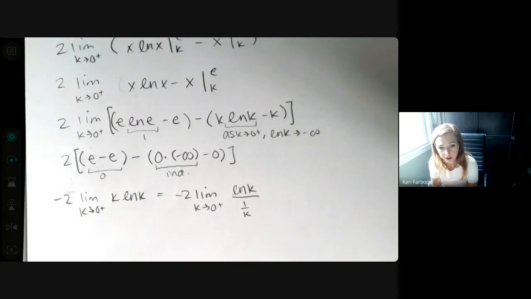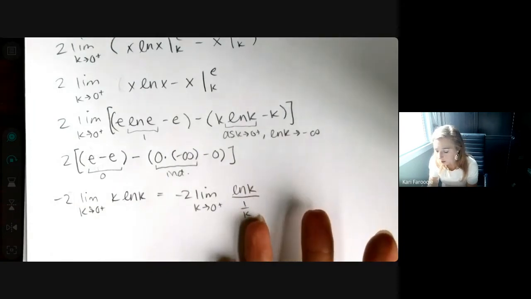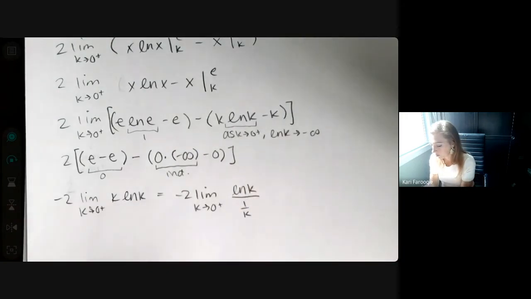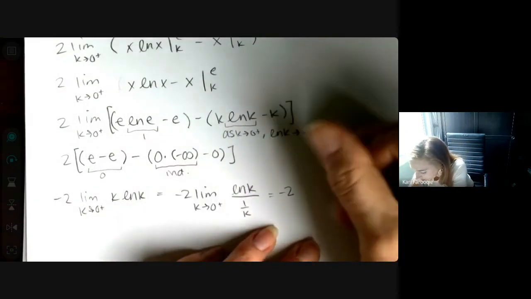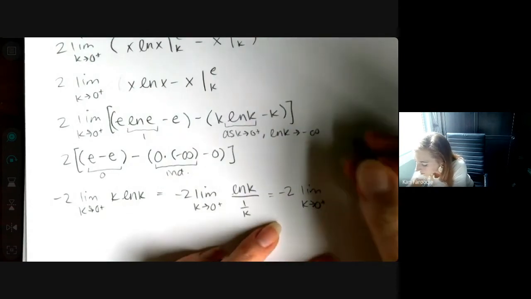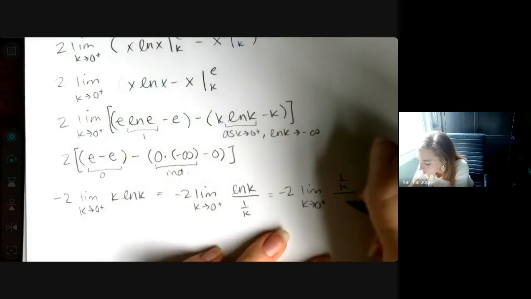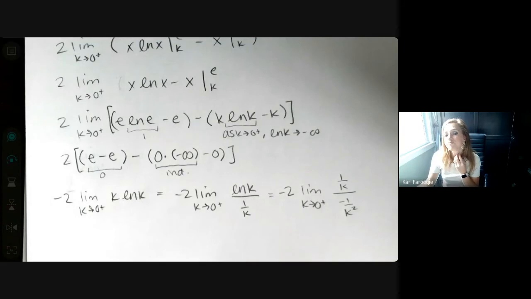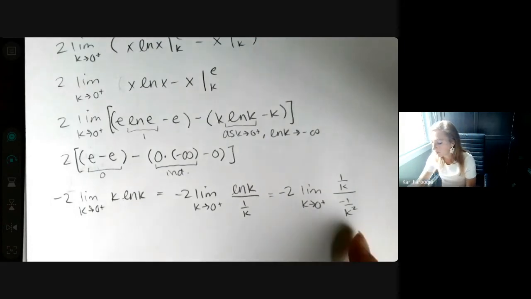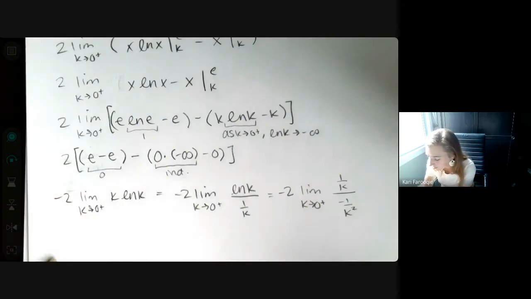Now, you're still looking at an indeterminate form here. It's still in the form of negative infinity over infinity. But we're going to simplify this out by taking the derivative in the numerator and the denominator. So the derivative of ln k is 1 over k. And yesterday we talked about the derivative of 1 over k being negative 1 over k squared, because 1 over k is k to the negative first power. So we did this yesterday in the L'Hopital's rule lesson.